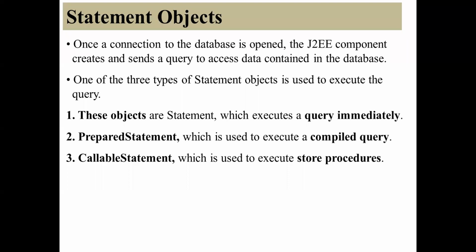So what is the statement object? Once the connection is established, the J2EE component creates and sends a query to access the database. There are three types of statement object we use to execute the query. The first is the statement object, which is used to execute a query immediately.